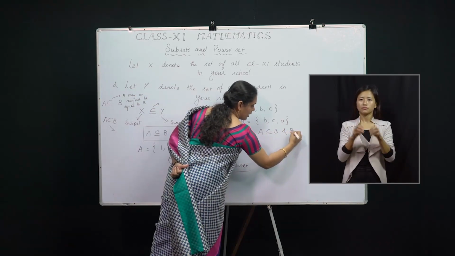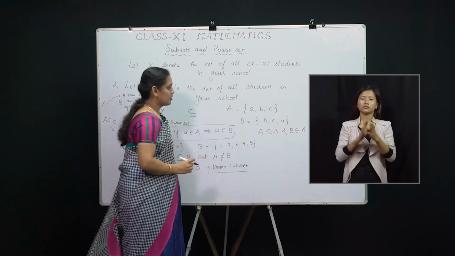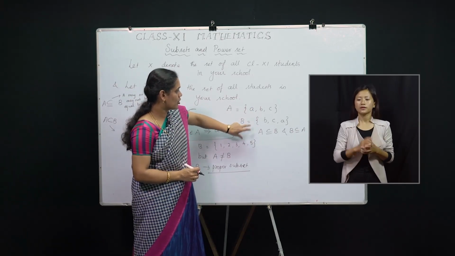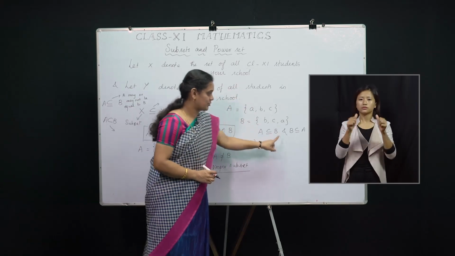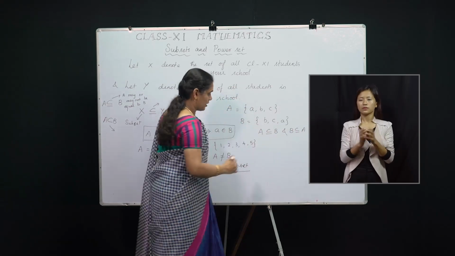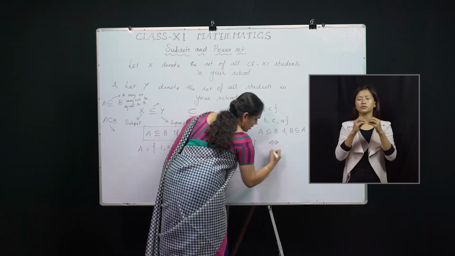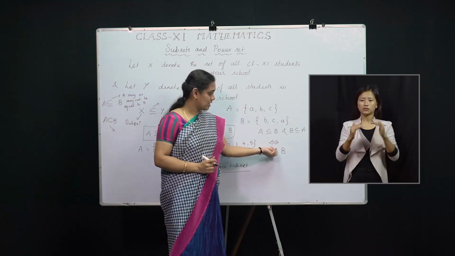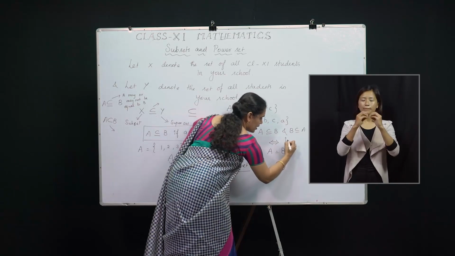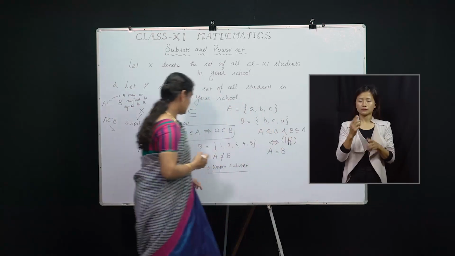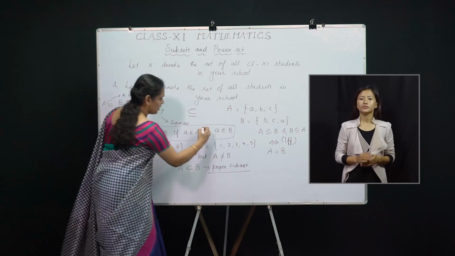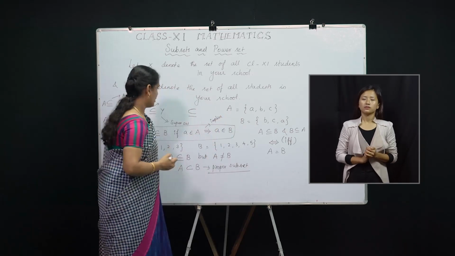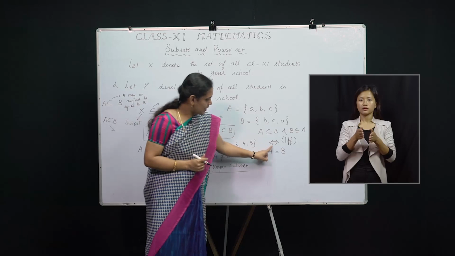And B is a subset of A. Yes, because all the elements of A are in B and every element of B is also in A. Therefore, A is a subset of B and B is a subset of A. So, which means A is equal to B. This symbol should be read as if and only if. This is implies. Okay, and this is subset. This is if and only if.